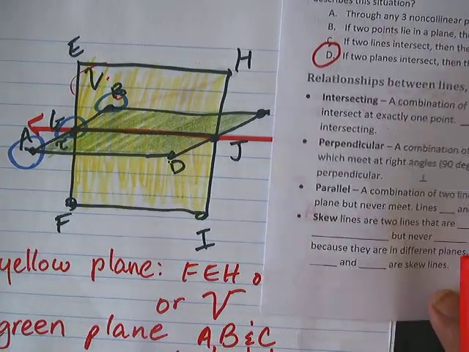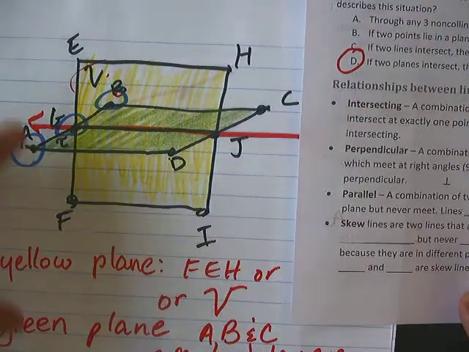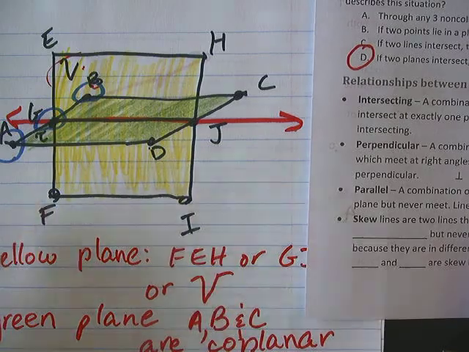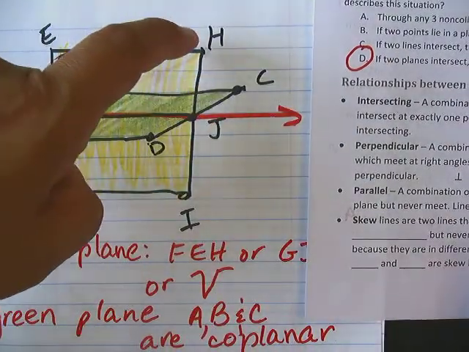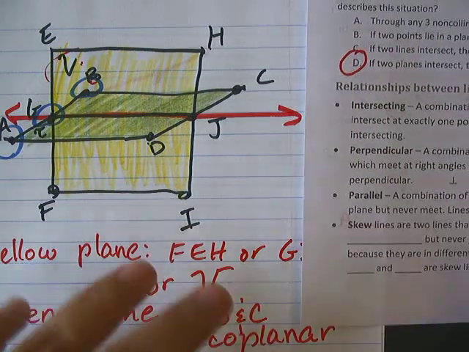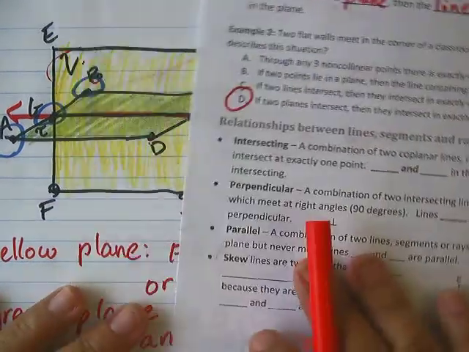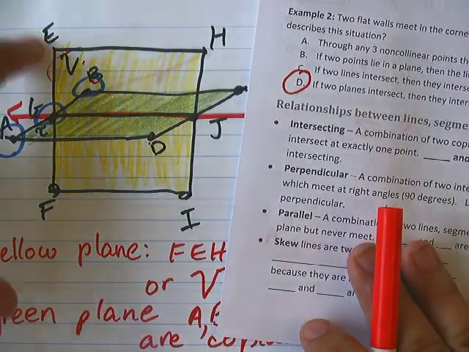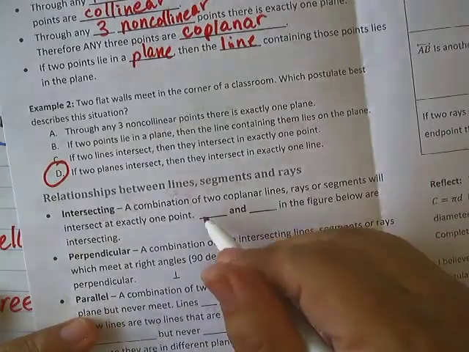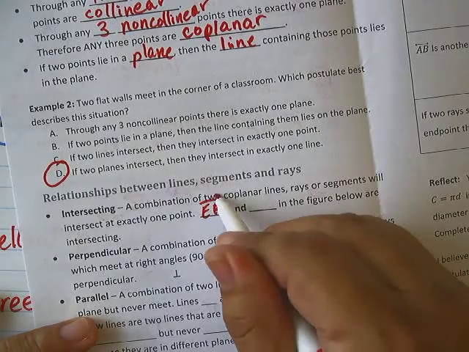So in this figure, two intersecting lines, I could just go GJ and HI, or I could go DC and GJ, or DC and HI. Do you see all of those are intersecting lines? I could also go EF and FI. Those are intersecting lines.